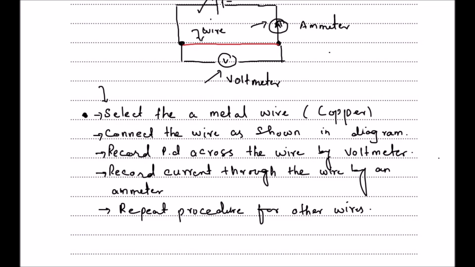Let's suppose in attempt 1 you are going to investigate its electrical resistance. Second, connect the wires as shown in the diagram. Record the potential difference across the wire by the voltmeter. You can measure from here. Record the current through the wire by using the ammeter from here. And repeat the procedure for the other wires.